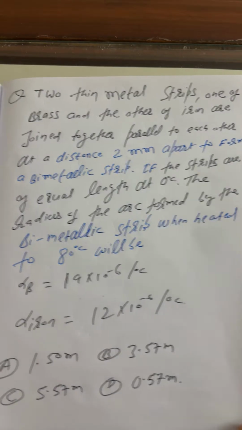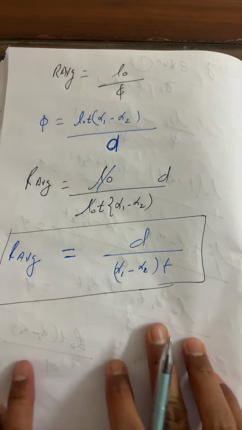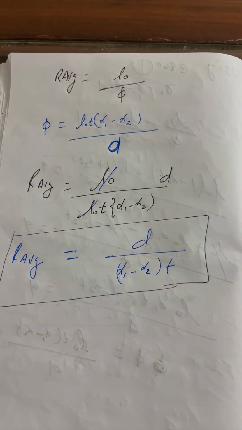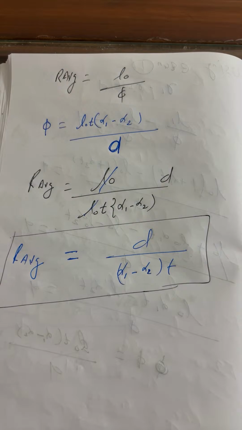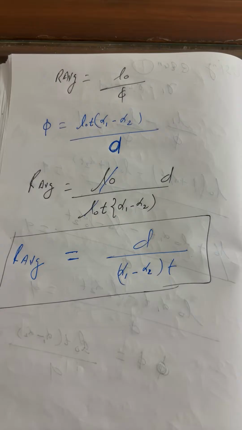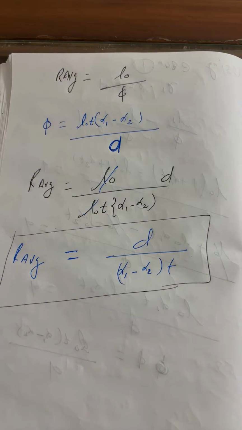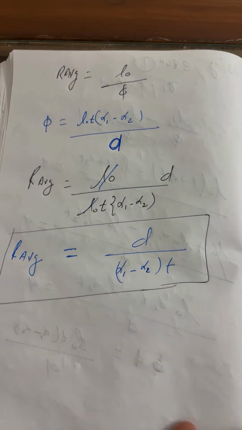It's simple. This is the formula, you can use it directly: d upon (alpha 1 minus alpha 2) into T.